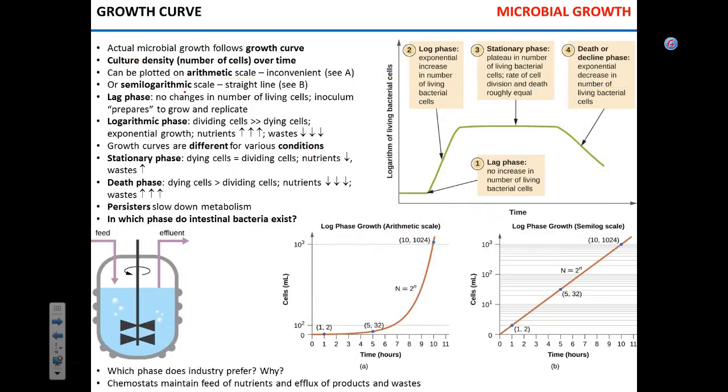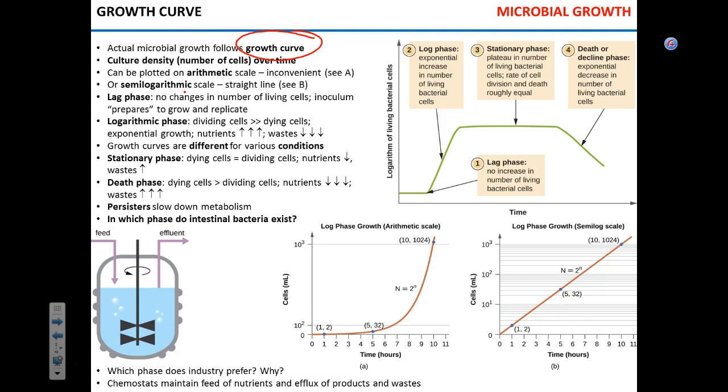So I mentioned the dynamic of the bacterial growth, and bacteria follow the growth curve. Not that it's some kind of an order given to bacteria. It turns out that the growth dynamic follows that principle.